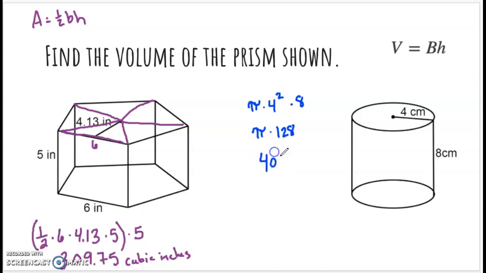So my rounded answer would be 402.12 if I just round to the hundredths place. And that I want to make sure and write that with my label, cubic centimeters. Okay, so that would be my volume for that cylinder, right? It's always the area of your base times the height of your prism or your cylinder.